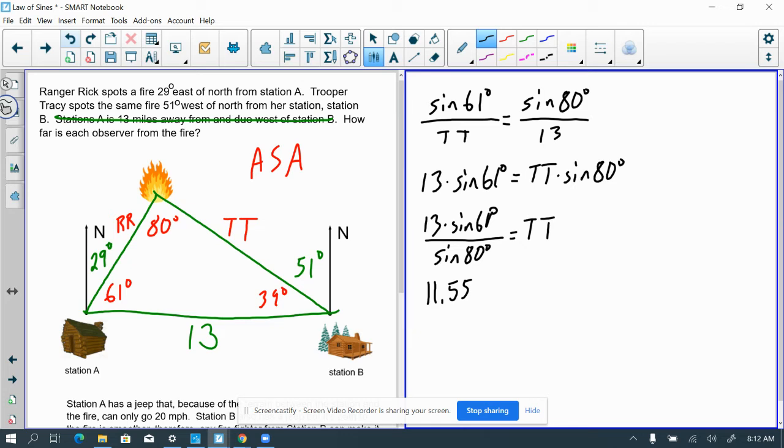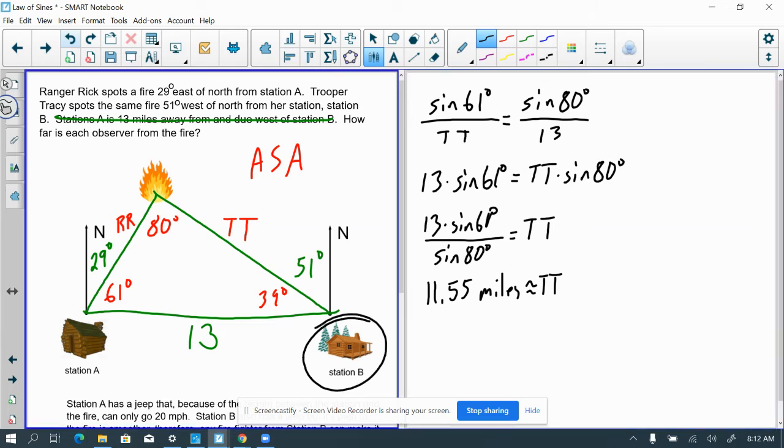What's the unit? I'm assuming it's miles. So Trooper Tracy, don't forget, station B, she's almost 12 miles away from the fire.